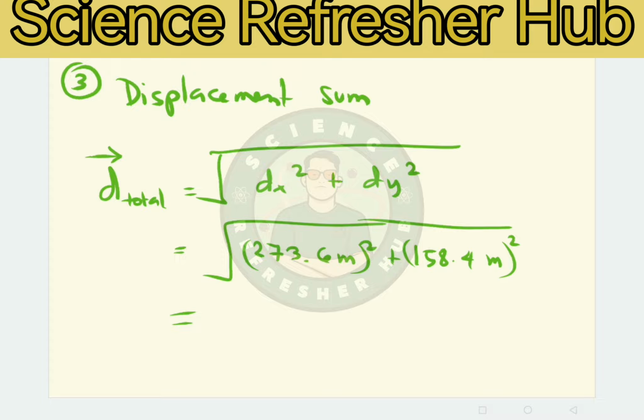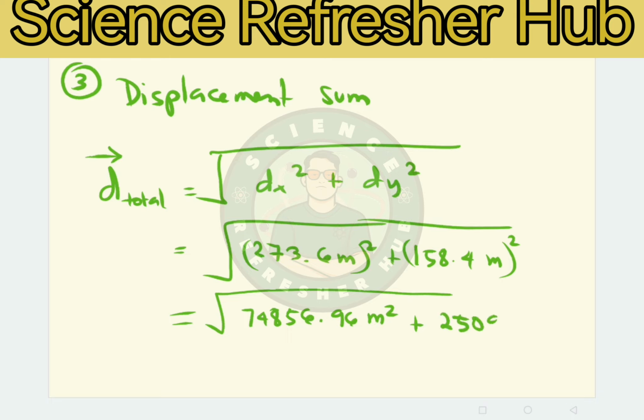Now let's do it manually. 273.6 raised to 2 will give us an answer of 74,856.96 meters squared, plus the square of 158.4. Let's get the square of it.